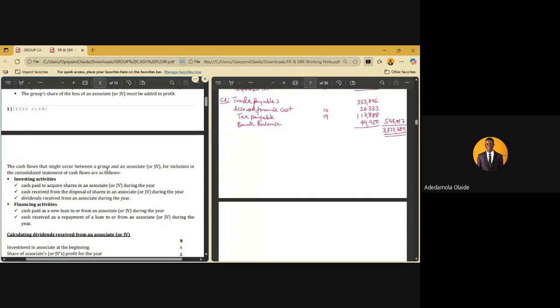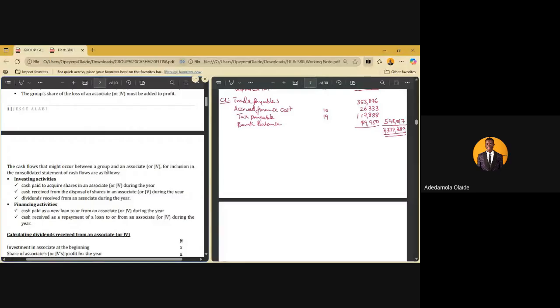As an associate, because we have significant influence, we share profit. But that profit we are sharing is not a cash item. So when we are adjusting our profit before tax, because the associate share of profit would have been included in it, we have to adjust for it, if we are using the indirect method.